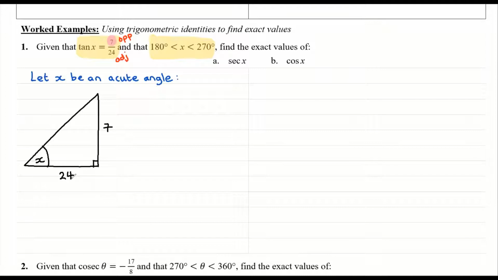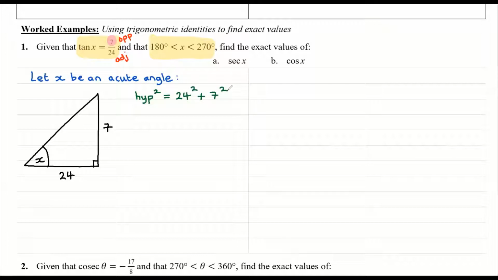Okay, and to get the hypotenuse, which we'll need to get the sine and the cosine of x, we just need to do a little bit of Pythagoras. If you don't recognize this as a triple, a little bit of Pythagoras will do the trick. So hypotenuse squared is going to equal 24 squared added to 7 squared.